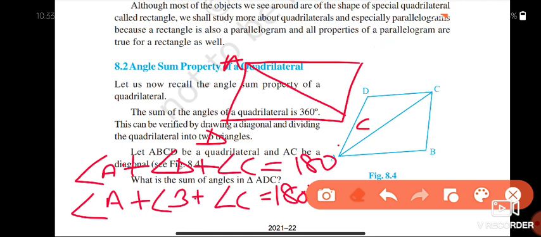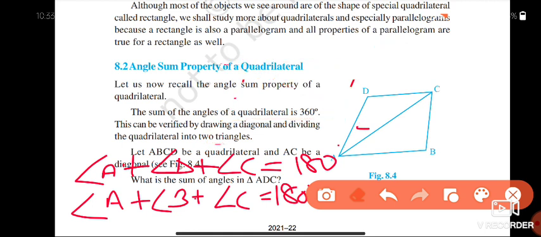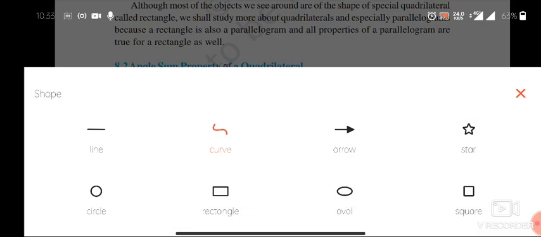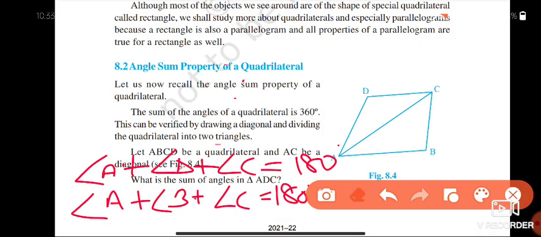When we add these triangles, we must get the quadrilateral. See how addition is possible. When you are doing addition, you have to add the left hand side with the left hand side, and the right hand side with the right hand side.